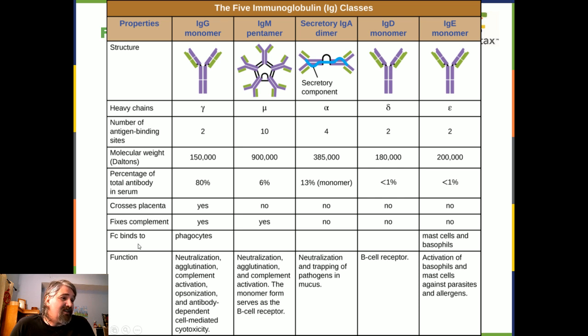The Fc region will bind to phagocytes in IgGs, while the IgE monomer Fc region will bind to mast cells and basophils. So here is a bunch of common functions. IgD functions as a B cell receptor. And then IgE, activation of basophils and mast cells against parasites and allergens.